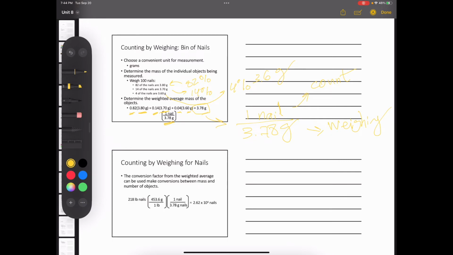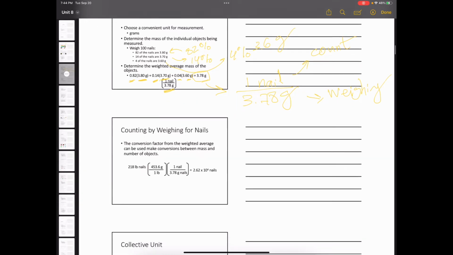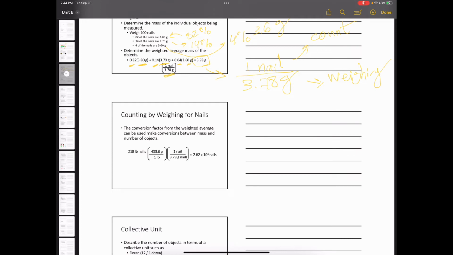In other words, I can use this conversion by weighing any amount of nails on a scale and use this conversion to find out how many nails I have based on the average mass, or the average weight, of that nail. Okay, let's look at this example down here. The conversion factor from weight average can be used to make conversions between mass and number of objects.